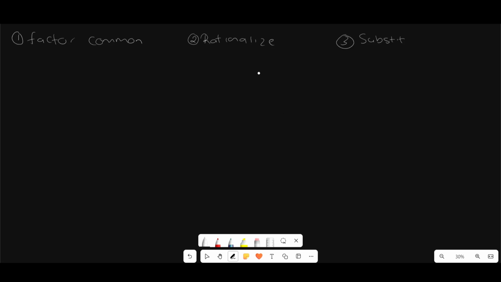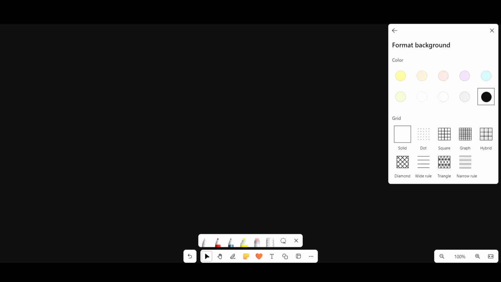But if your rational function has a square root involved, then you either do the substitution method or you rationalize, right? I'll show you how and when to rationalize, or to use the substitution method. Let's look at some more examples.